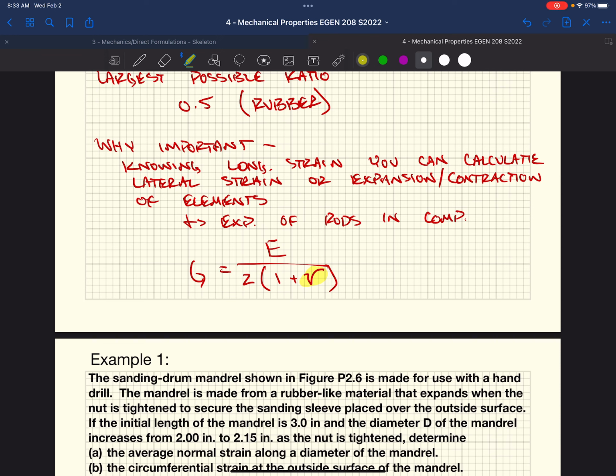Well, that stiffness is E. Well, if we were to twist a shaft, the stiffness of that shaft with respect to twist is what we would call our shear modulus, and that's G. And that shear modulus is a function of Young's modulus and the Poisson's ratio for our material.